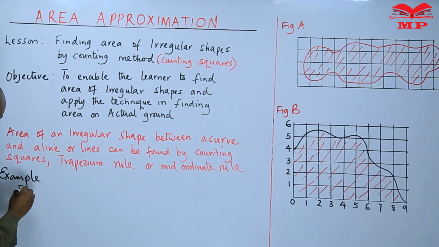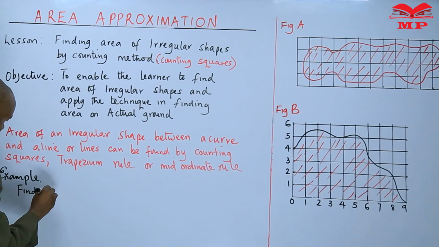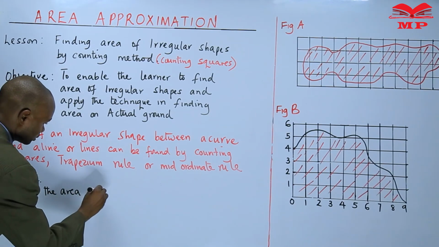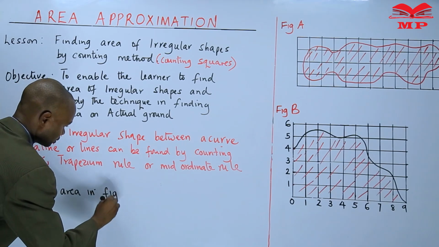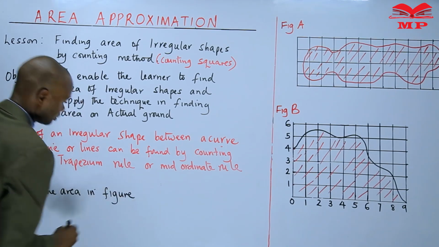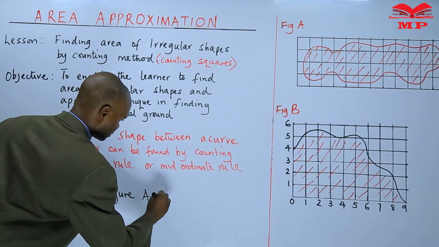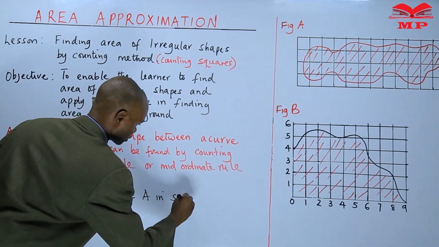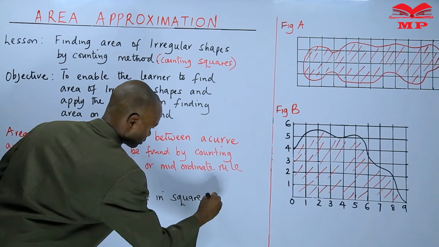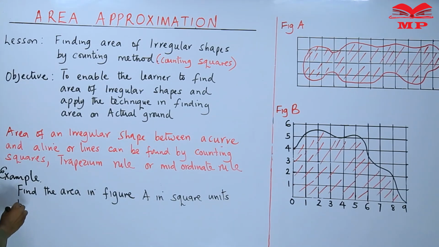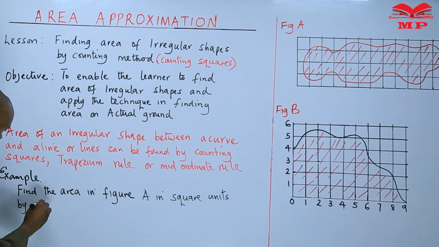Find the area in figure A in square units by counting squares.